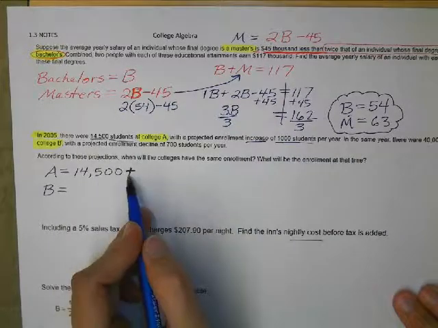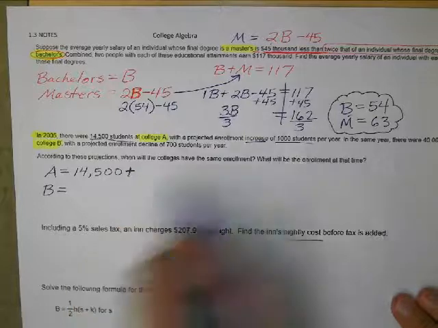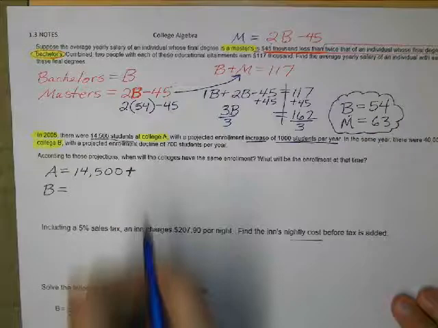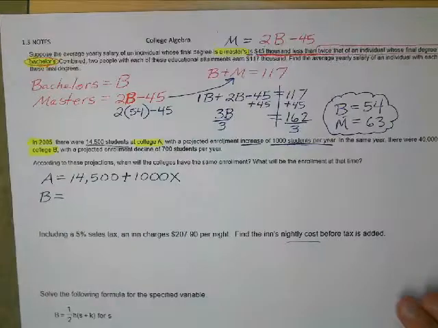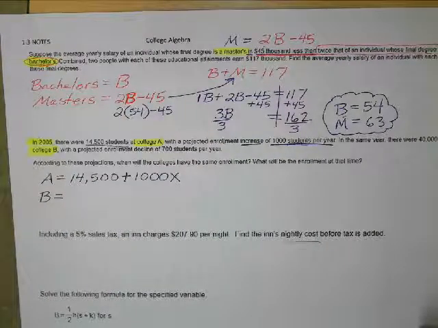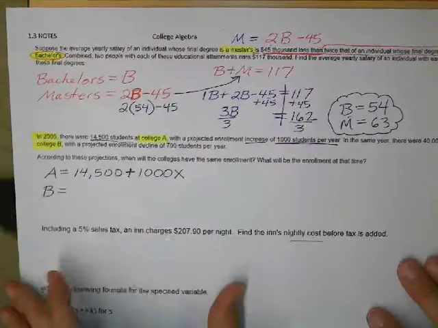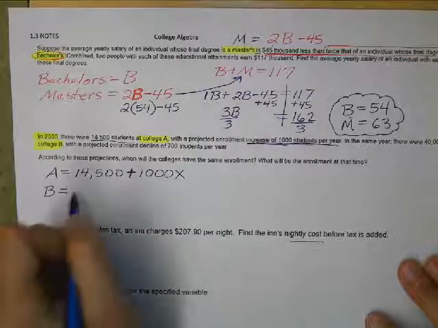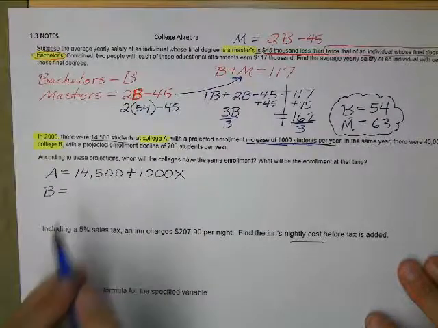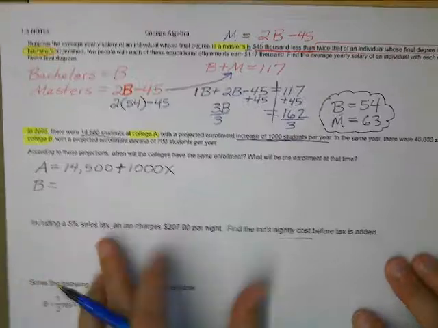So what should we put at the end of that if we think it's going to go up by 1,000 per year? 1,000x. Yeah, 1,000 times x. You need the variable because it's like times however many years. X is for years, standing for how many years there will be. 1,000 each year. And then same thing with letter B, College B. You got to read through their information.